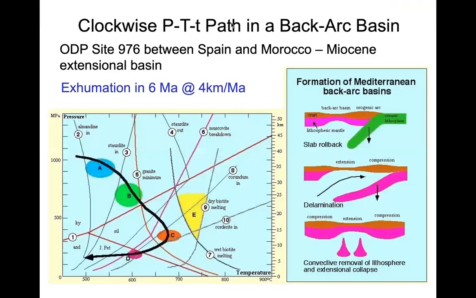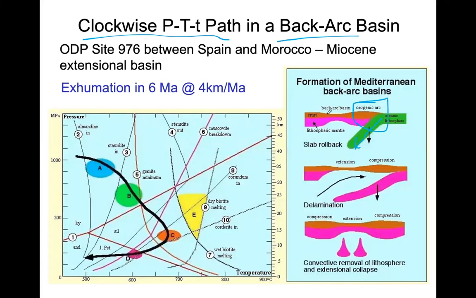Right. So another example is here. This is again a clockwise PT path, right? We say it's in a back-arc basin. Back-arc basin means at a subduction zone. So you have a subduction zone here, and this area is called the forearc, the frontal region of the arc.